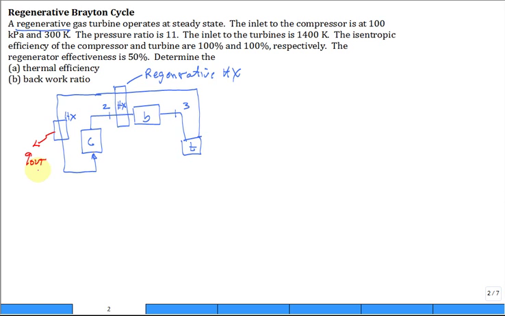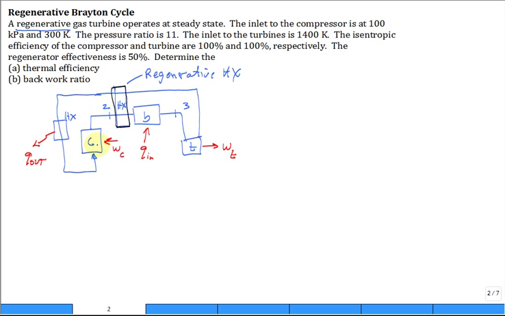All right, so let's take a look. You still have Q in the burner. You still have Q out for a heat exchanger over here. You still have the work coming out of the turbine, and you still have the work driving the compressor. But this added regenerative heat exchanger, what does it change? Does it change the work of the compressor?